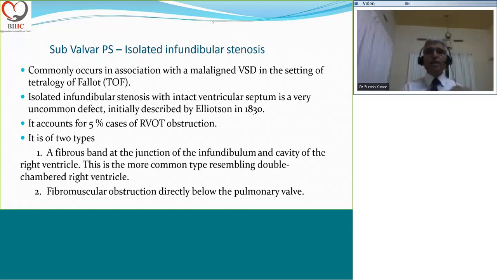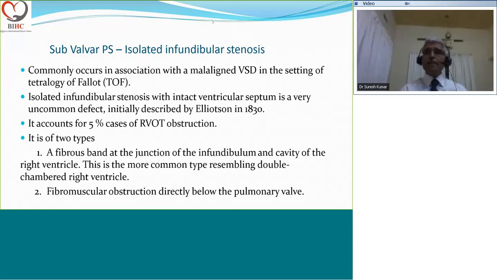Then this will resemble the DCRV because there are two chambers, and this entity sort of merges with DCRV. A fibromuscular obstruction can occur directly below the pulmonary valve. Very often, tetralogy has this type of an obstruction.